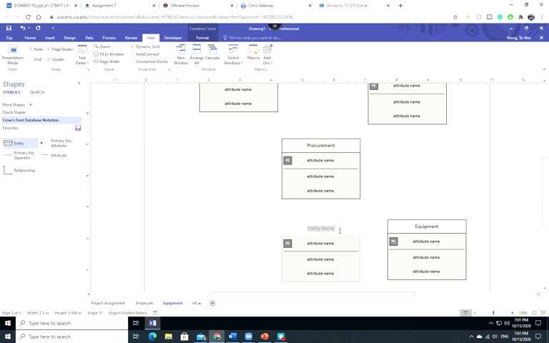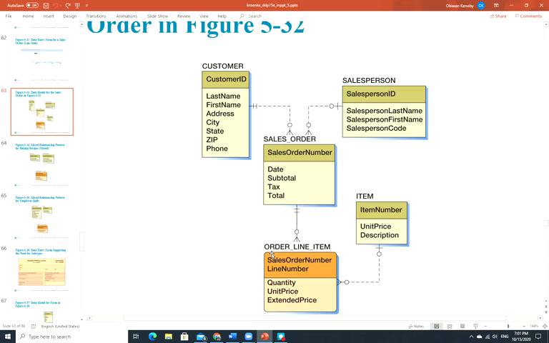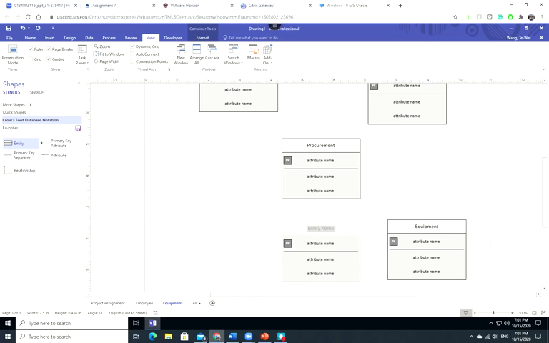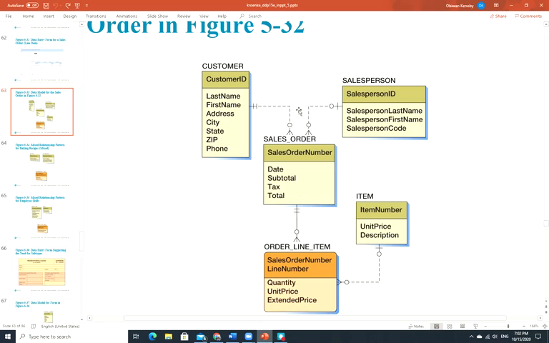Look at how they name the line item, order line item. So this will be procurement line item.